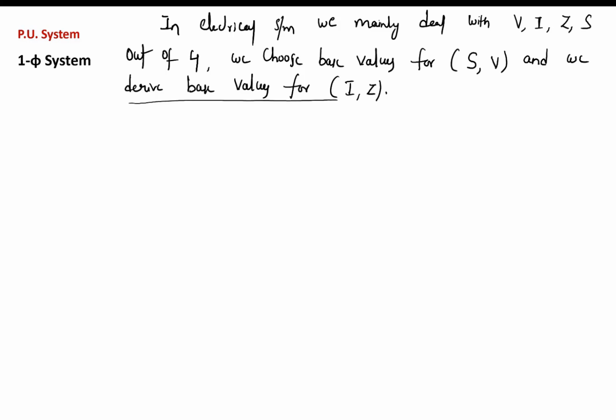Out of 4, we choose base values for 2 physical quantities, that is, the power and the voltage, and we derive base values for the remaining 2 physical quantities, that is, current and impedance. Understand? That is the first important point. Out of 4, we choose base values for 2 quantities, preferably power and voltage, and derive the base values for current and impedance.